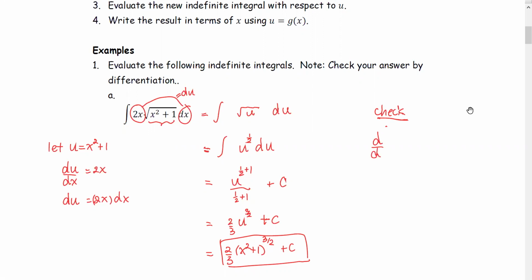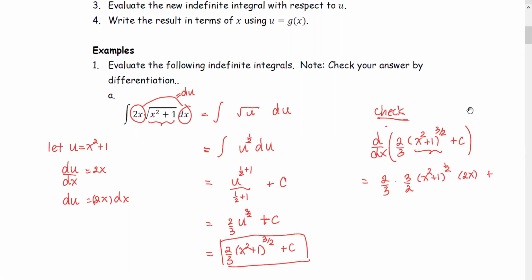So the derivative of 2/3 times quantity x squared plus 1 to the power 3/2 plus c will give you 2/3 with, so now we apply the chain rule, 3/2 times x squared plus 1 to the power 1/2, and then multiply by the derivative of the inner function, which is 2x.